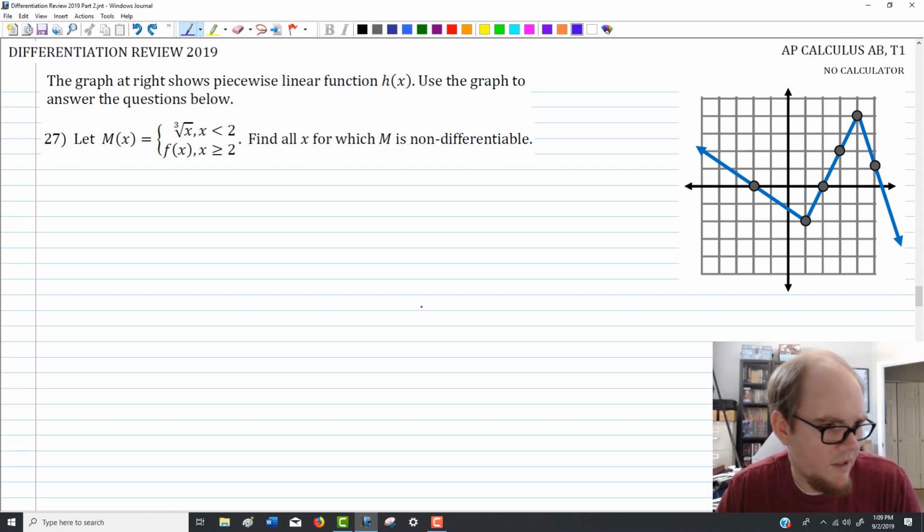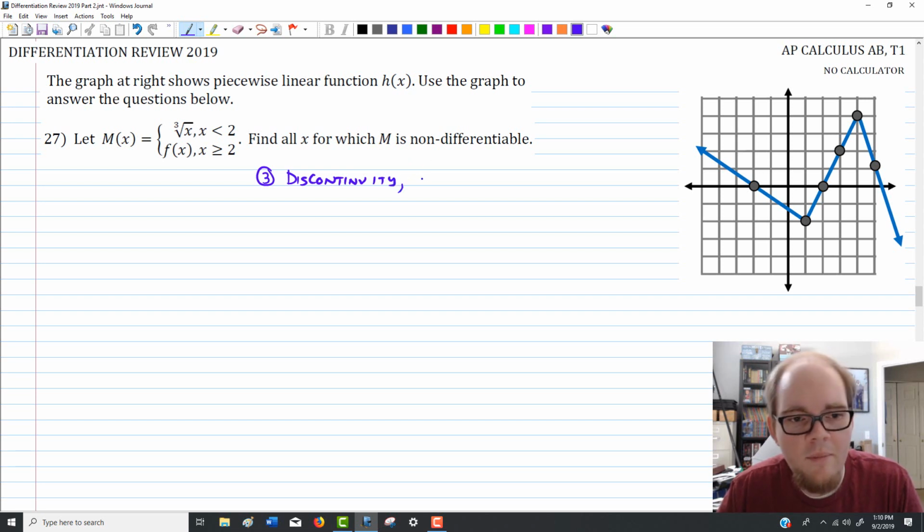For 27 redefines m of x as the cube root of x for x less than 2, and f of x when x is greater than or equal to 2, and it wants us to find all x for which m is non-differentiable. So we mentioned this before, there are 3 ways to be non-differentiable. There could be a discontinuity, as in there could be an asymptote or a hole of some kind, a jump.